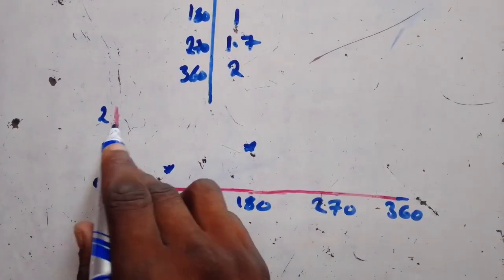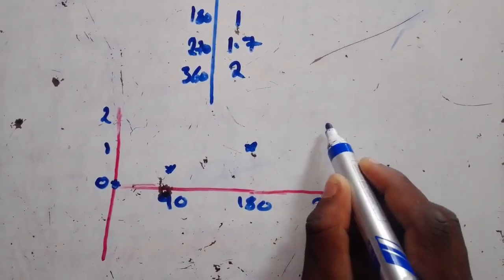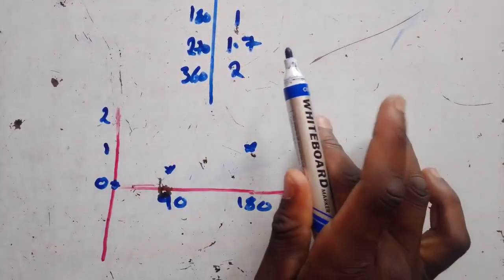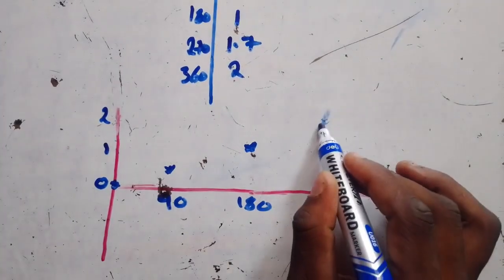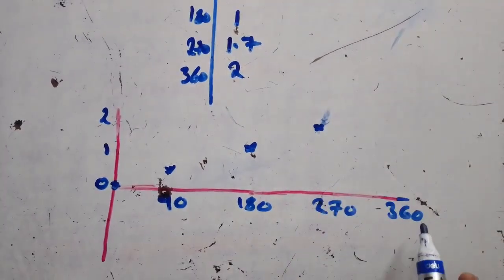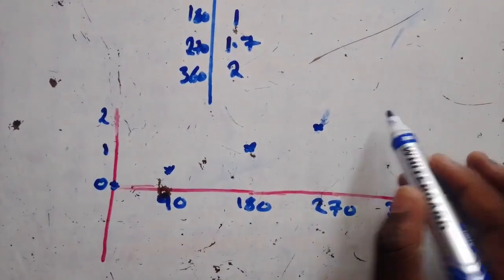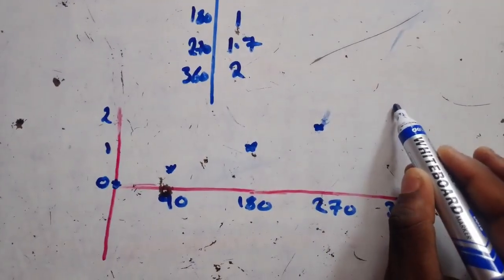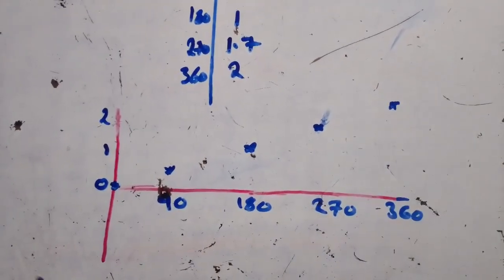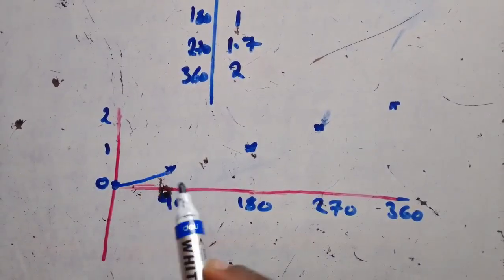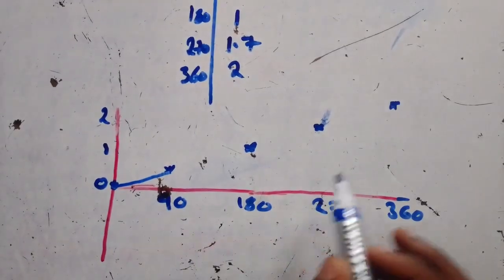It is below 2, so you can put it somewhere here. And the last one is 360, 2, which is here on top. Then you just draw the line, matching these points.